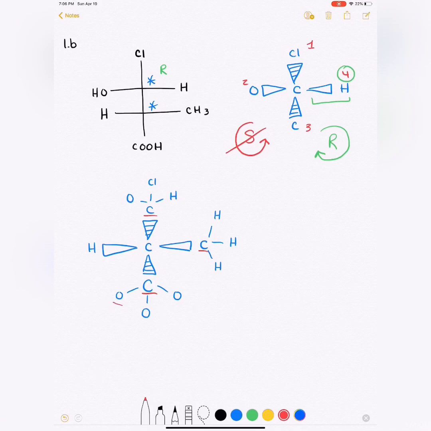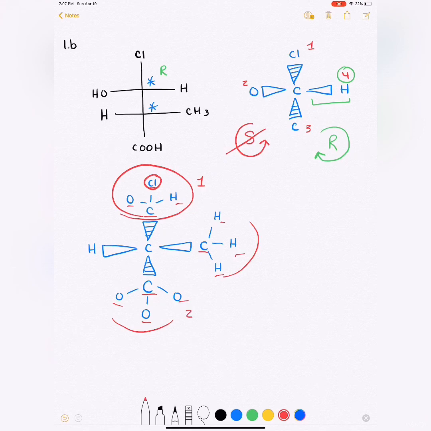And out of all of these atoms, the highest priority is this chlorine, giving this entire group first priority. Moving on to this group and this group, we have oxygen against hydrogen, oxygen having highest priority, making this number 2. Now we can go back to this carbon versus this hydrogen. This carbon has higher priority, making it group 3, making this lone hydrogen group 4.